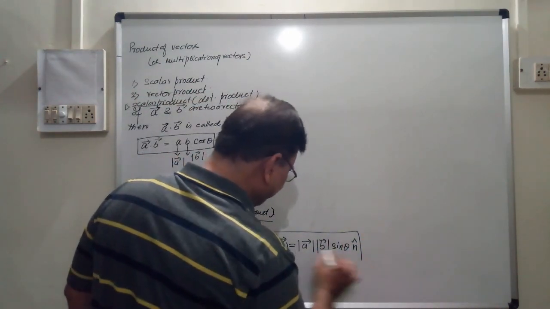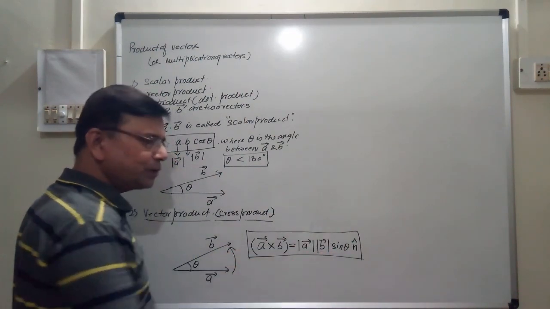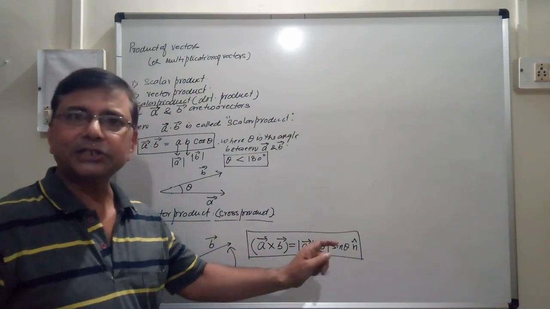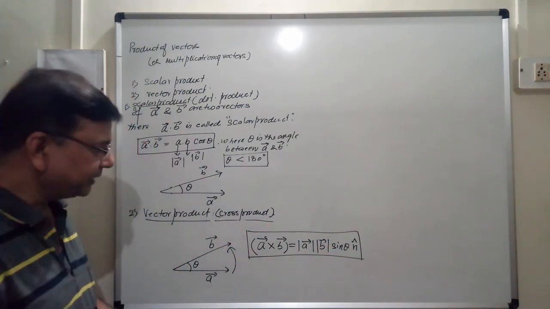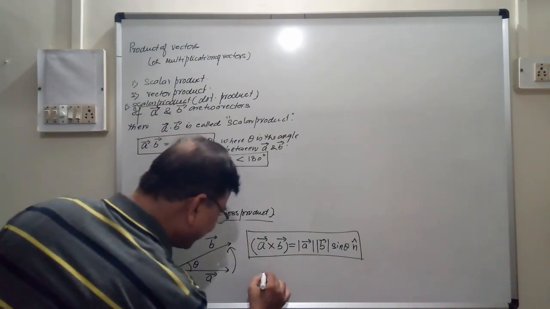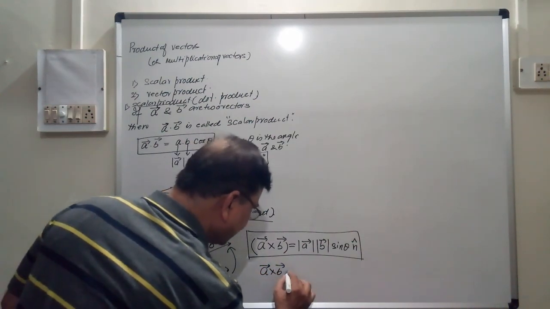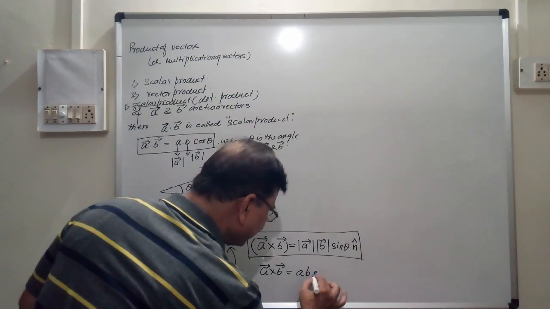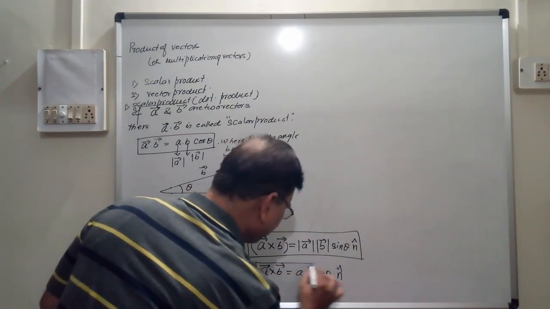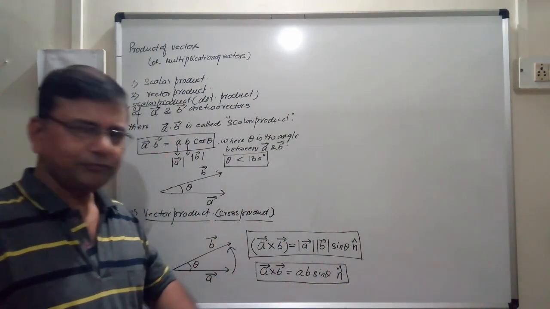A cross B is defined as magnitude of A multiplied by magnitude of B sine theta, and this unit vector n, the direction of which is perpendicular to the plane containing these two vectors. So this can further be written as A cross B is A B sine theta and unit vector n. This way also it can be represented. So what is the direction of n?